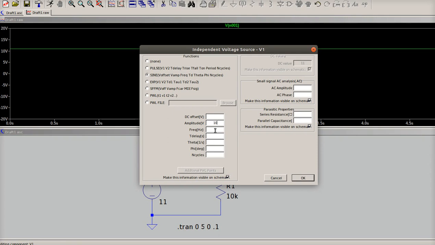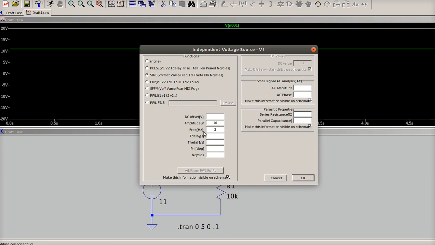I want my frequency to be, let's see, I can do that. So let's make my frequency 2. Whoops. I got to click in the box. 2.